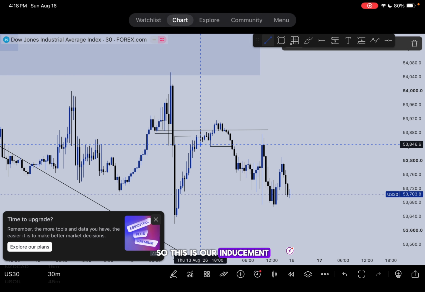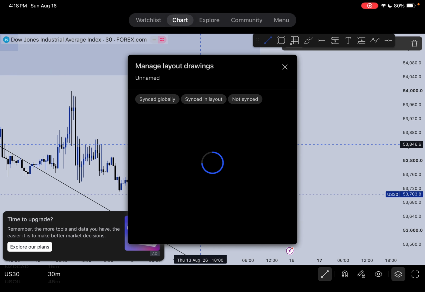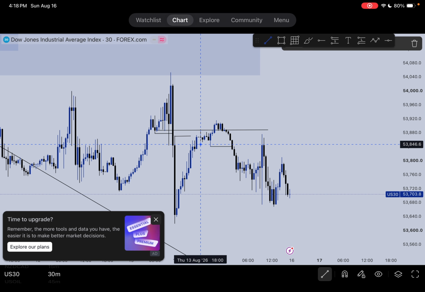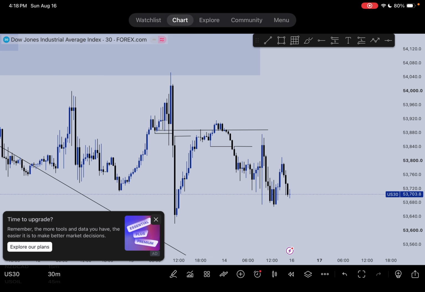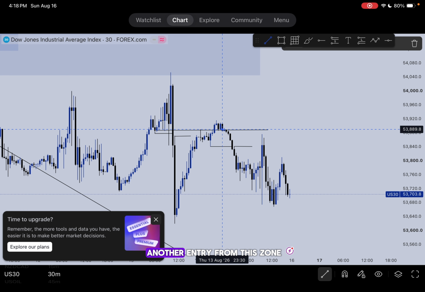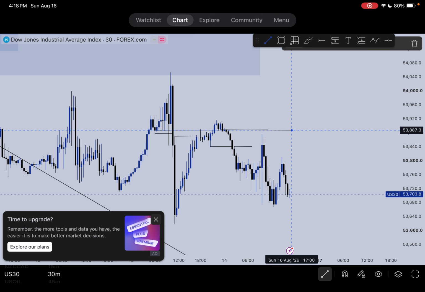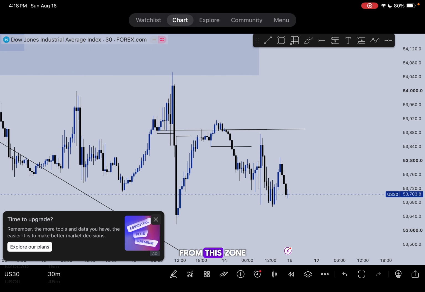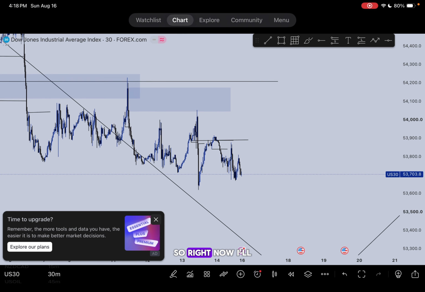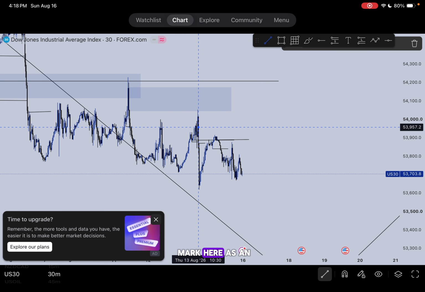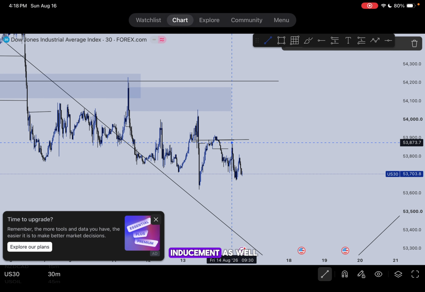So this is our inducement. And I still have another entry from this zone. So right now, I'll mark here as an inducement as well.